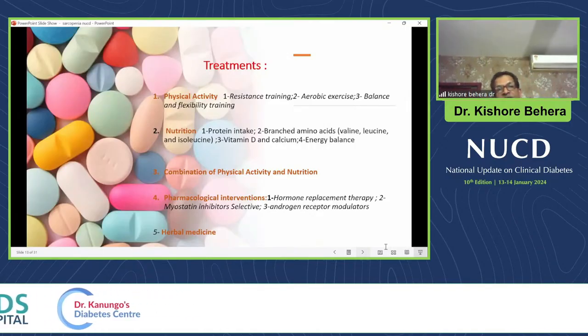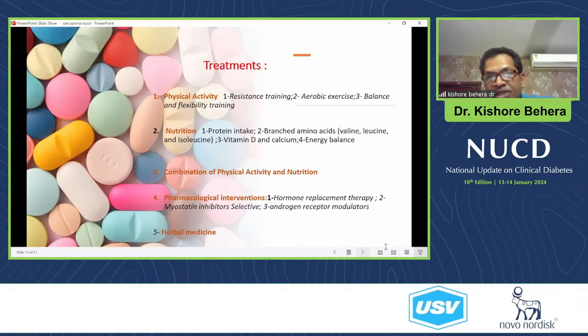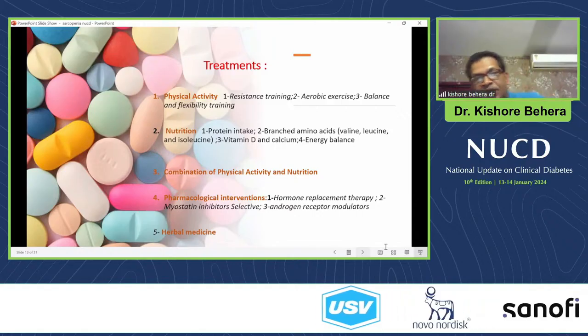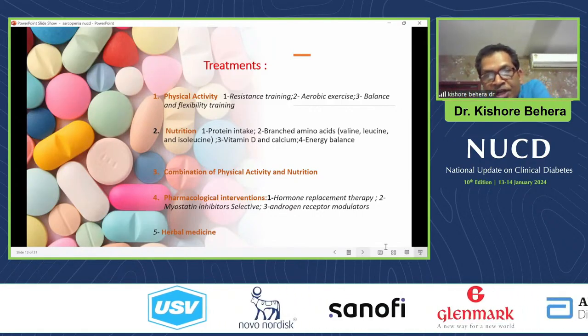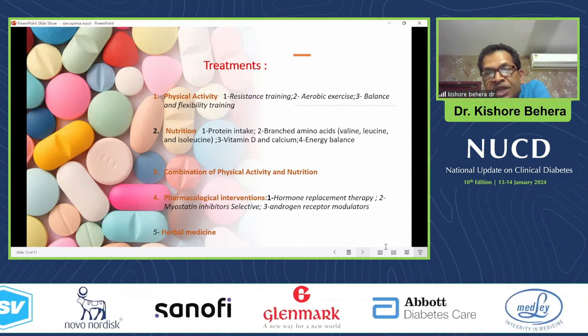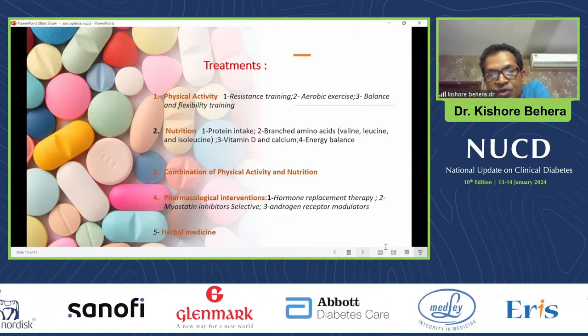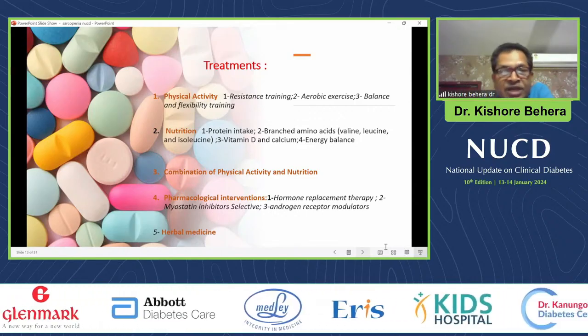Now coming to the treatment, there are basically 4 groups of treatment. Number 1 is physical activity, and among them the most important is resistance training, aerobic exercise, balance and flexibility training. For prevention, you can have nutrition like protein intake and branched chain amino acids like essential amino acids valine, leucine, and isoleucine. To some extent vitamin D; the studies are not very clear on vitamin D and calcium.